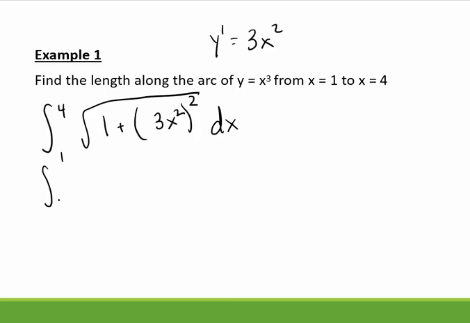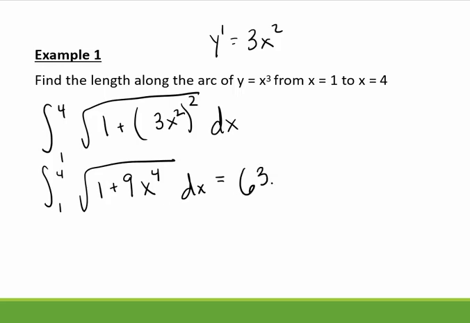So I'm finding the integral from 1 to 4 of the square root of 1 plus 9x to the 4th dx. When we find that in our calculators, we get 63.124.